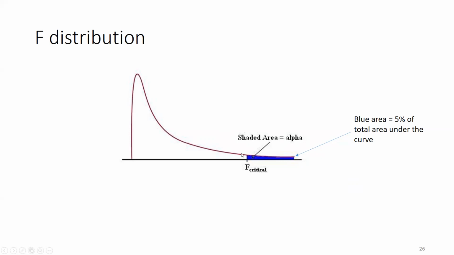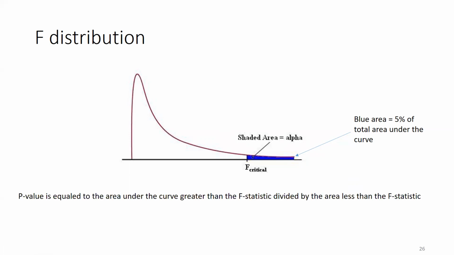That threshold 0.05, that is alpha. We want our p-value to be less than alpha to be significant. So the p-value is equal to the area under the curve greater than the F statistic divided by the area less than the F statistic. So this blue area divided by this white area.